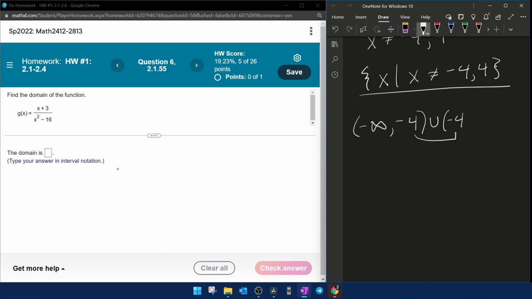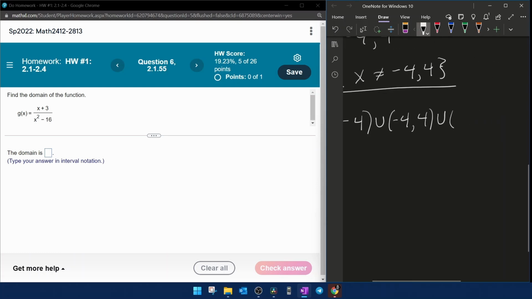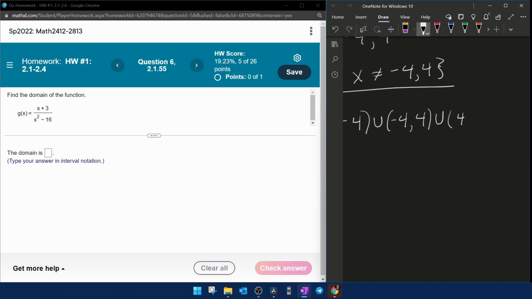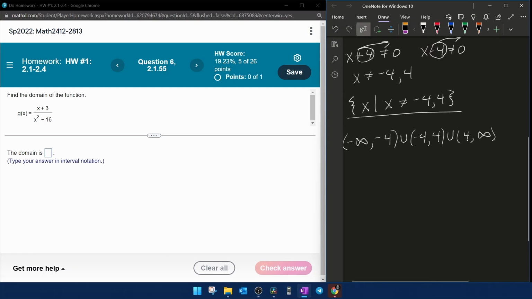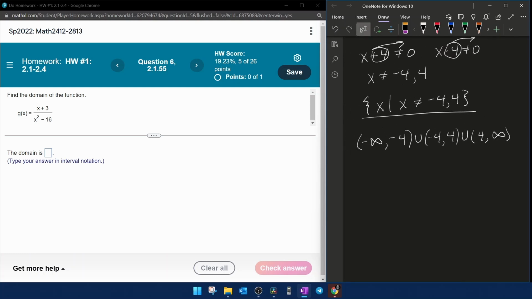This is like saying we're going to skip negative 4, we're going to jump over him and keep going to 4. And then we're going to have to stop at 4, skip over 4, and keep going from 4 to infinity. Okay? So the domain for this particular function is going to be everything from negative infinity to infinity except negative 4 and 4.